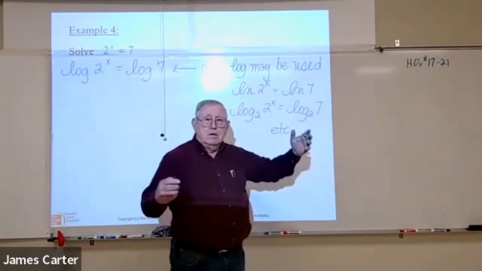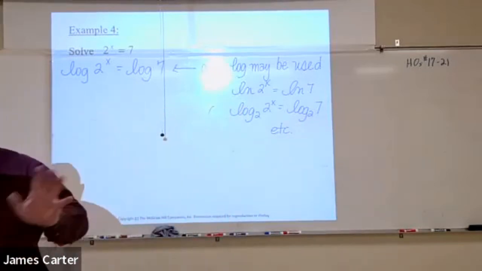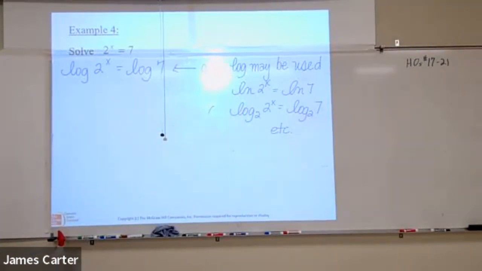It doesn't matter. Now, we pull the power out using the power rule. See this x? Now it's out front. Don't have any powers out here to deal with. Now, what are we trying to do? We're trying to solve for x, aren't we? How can we get x from this?